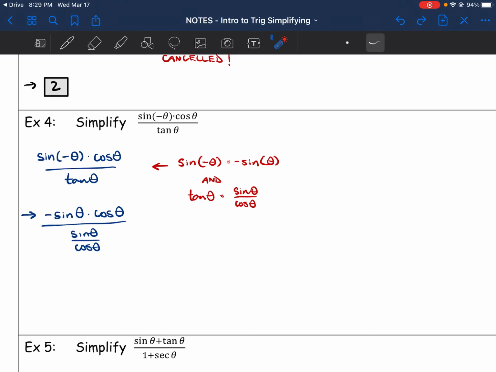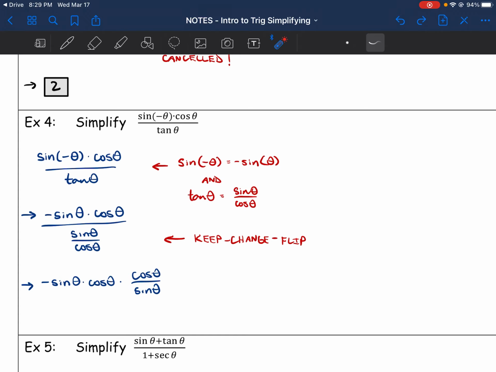Next, I'm going to do our little keep, change, flip that we do when we're dividing a fraction within a fraction. We keep the numerator the same, negative sine theta times cosine theta. We change the division to multiplication, and we flip the denominator. So instead of sine theta over cosine theta, we'll have cosine theta over sine theta.